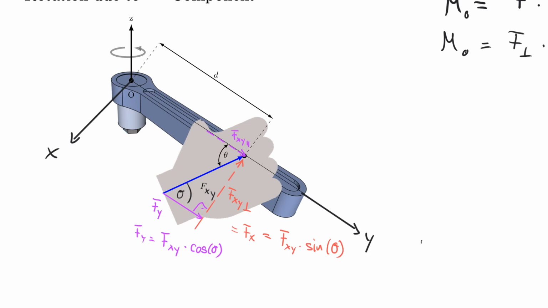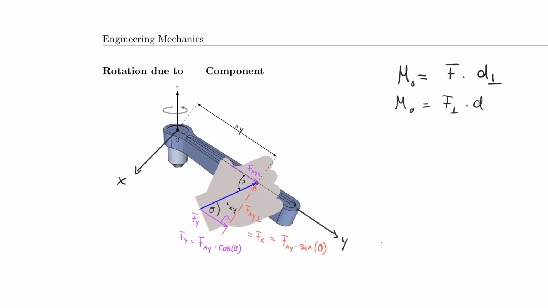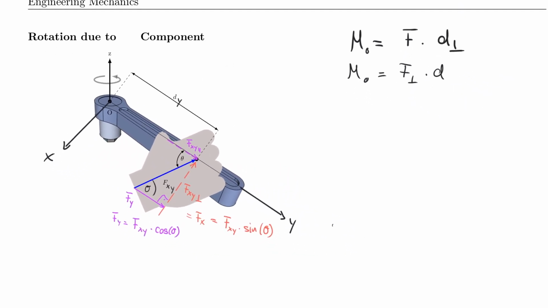However, what can you do now? You can now calculate the moment of your force at a distance dy, right? Let's do that. So let's take the moment here and calculate the moment, in this case about the z-axis, which would be equal to Fx times dy. But we just rewrote Fx as what? Fxy times the sine of theta times dy.